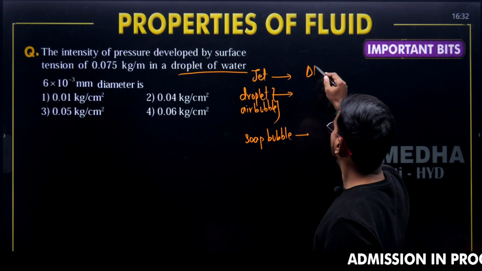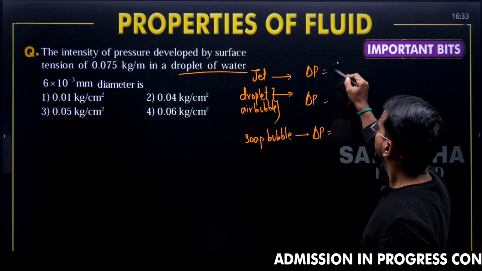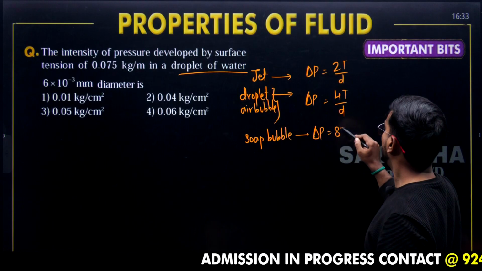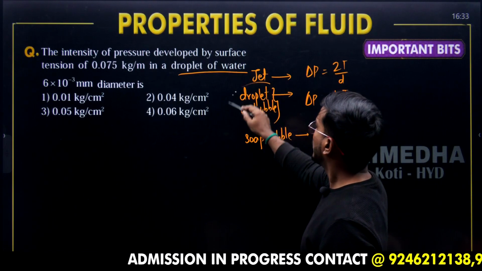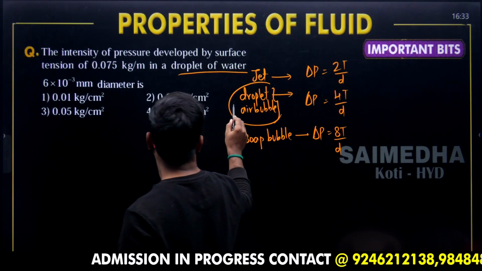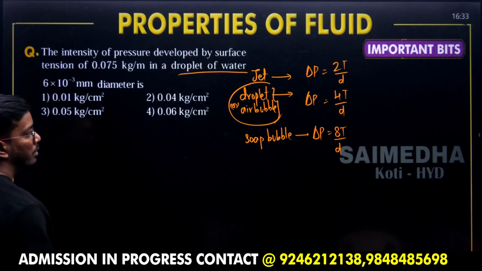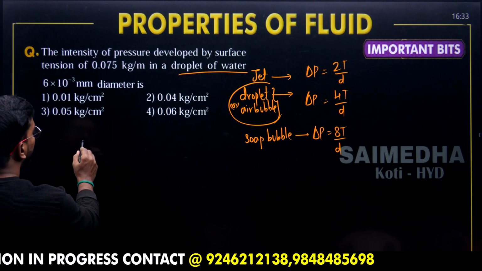The formulas for change in pressure are 2T by D, 4T by D, and 8T by D. It is asking about a droplet of water. For a droplet of water or an air bubble, the formula is 4 times surface tension divided by diameter.